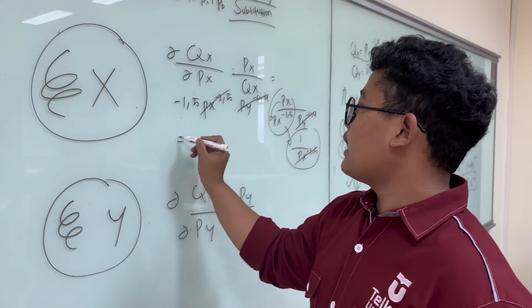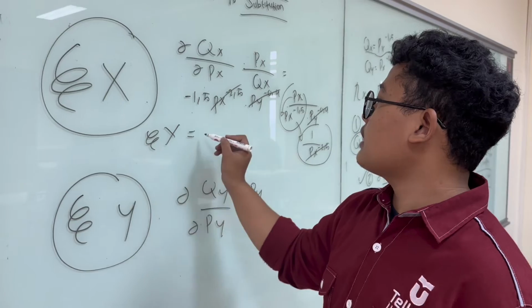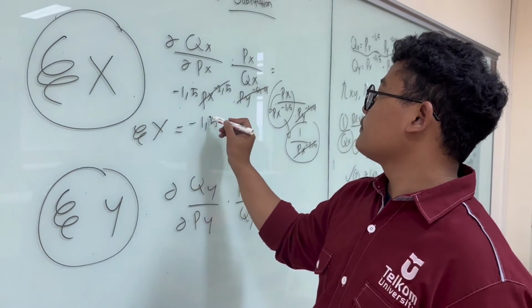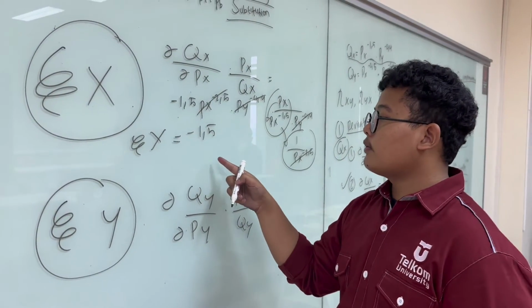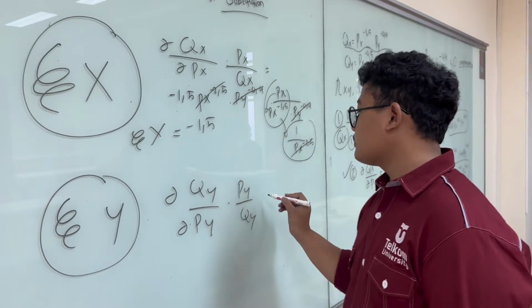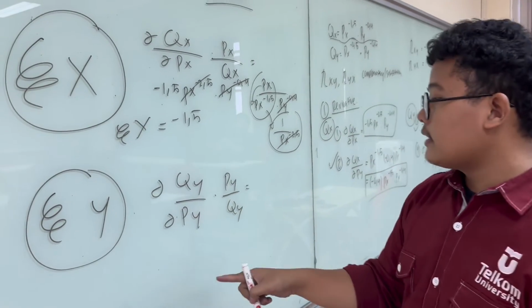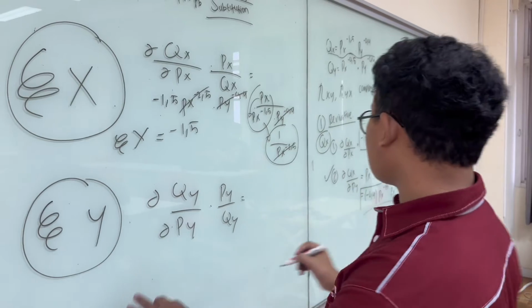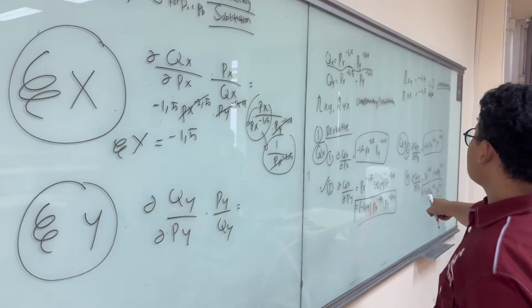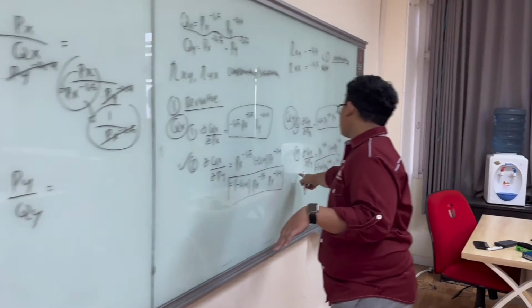So the elasticity of x is minus 1.5, and also we are going to find out the product y, and we substitute the derivative that we got here.